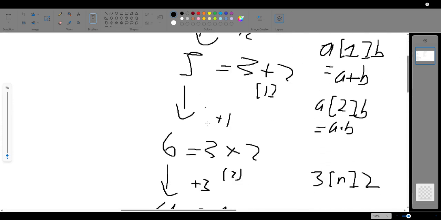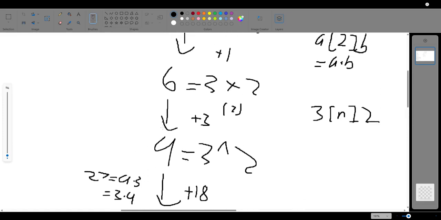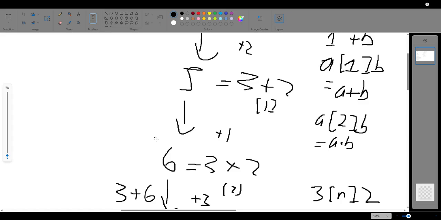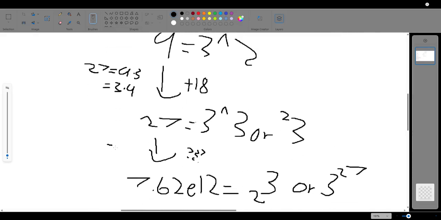So, in other words, 27 equals 9 times 3. Or it could also equal 3 times 9. So, the gap from 6 to 9, it could be 3 plus 6. Anyways, so this is 3 to the power 27.